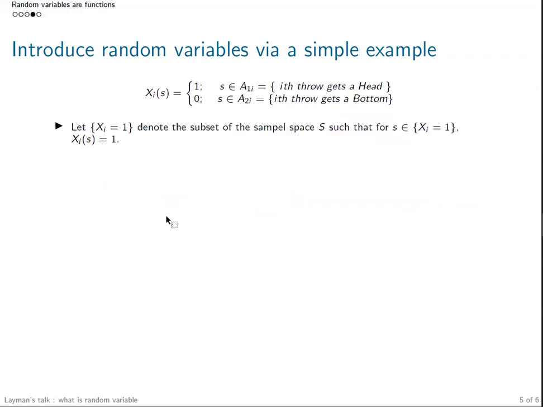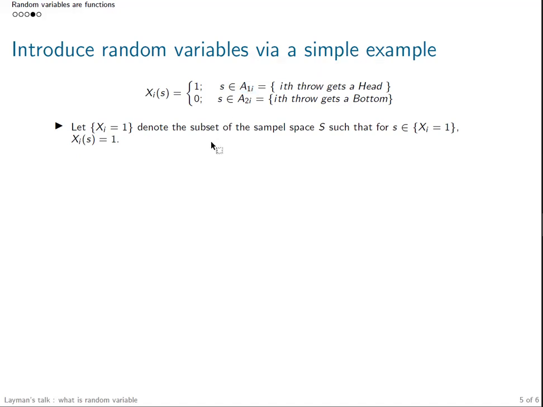And at the same time, we could use a random variable to generate events. For example, we use this notation, Xi equals 1, to denote the event containing all the outcomes such that this Xi function would map those outcomes to 1. So essentially, this event Xi equals 1 is equal to A1i, right?